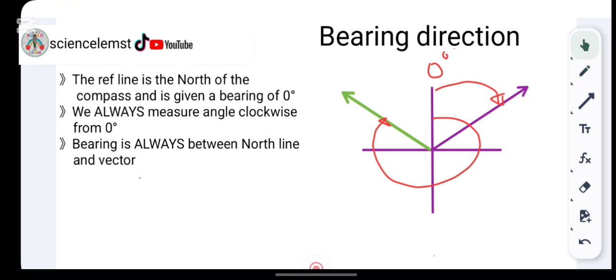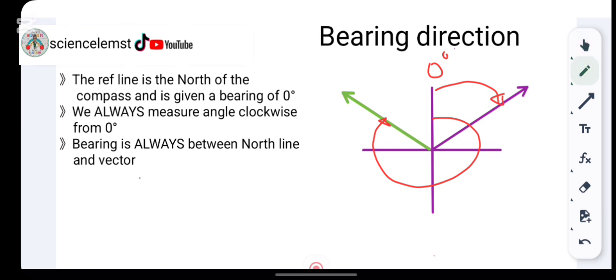And always keep in mind, bearing is always between the north line and the vector. So that's why we do the arc, to see how much is that angle between the north line and where the vector is. Always, always, always draw an arc to see the right angles.